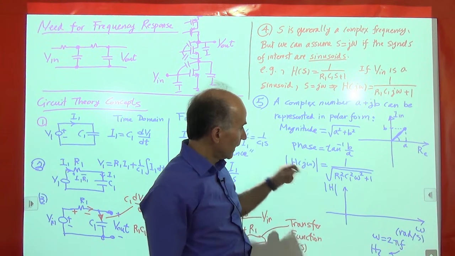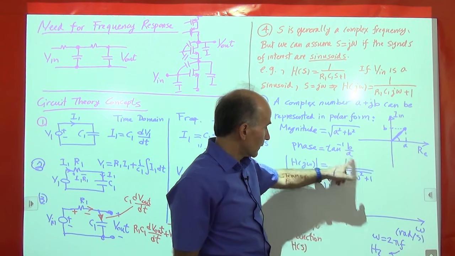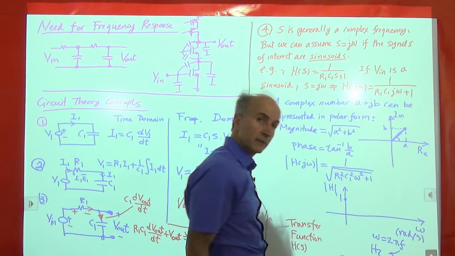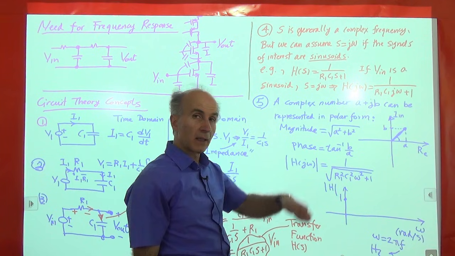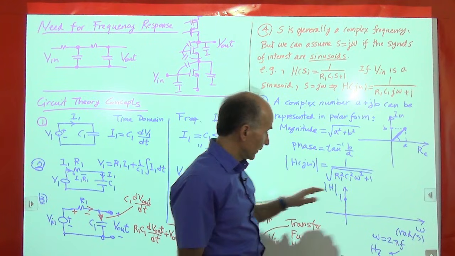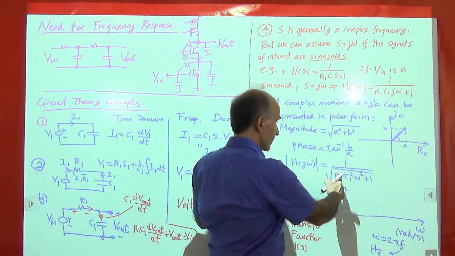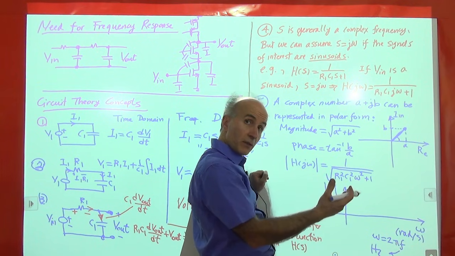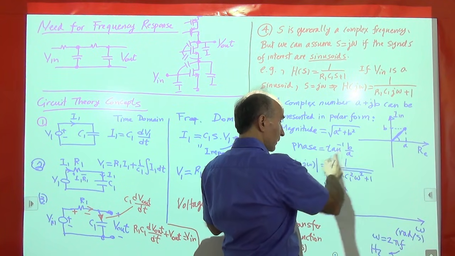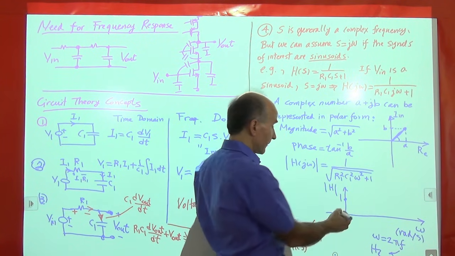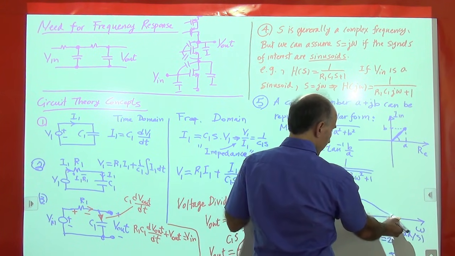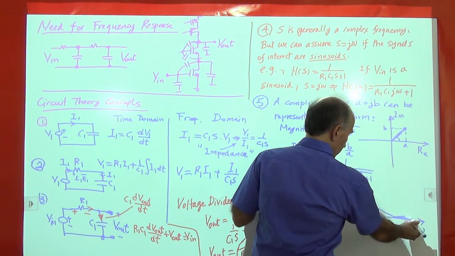All right, so if omega is 0, this whole thing is 1. So we are right here, 1. And as we increase omega, remember, as we increase the frequency of the input sinusoid, we're going this way, and this value becomes larger and larger, and at some point becomes comparable to 1. So this whole fraction begins to drop. Initially it doesn't change much, but then it begins to drop, right? And when omega goes to infinity, this goes to 0.